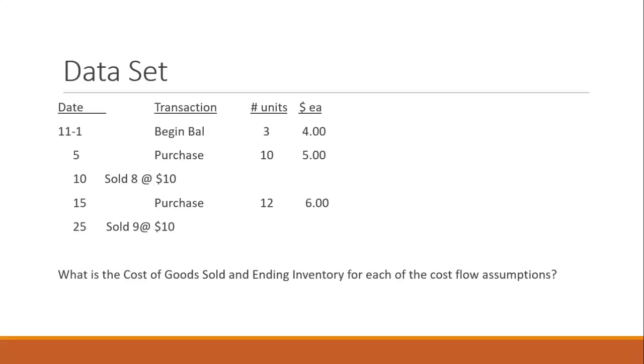So we have to calculate the cost right then when we're selling. We sold on the 10th and on the 25th, so on both of those days we have to calculate what those cost us so that we can put that second journal entry in.